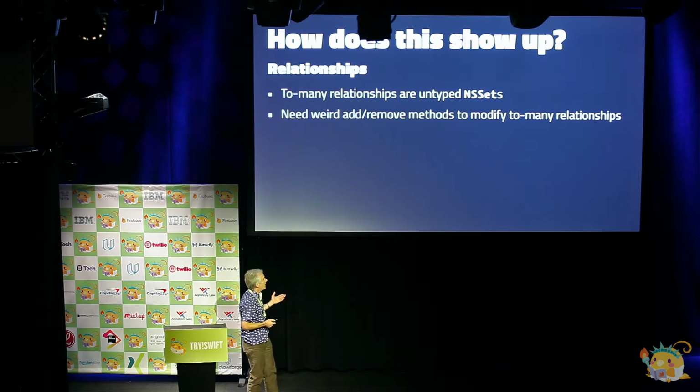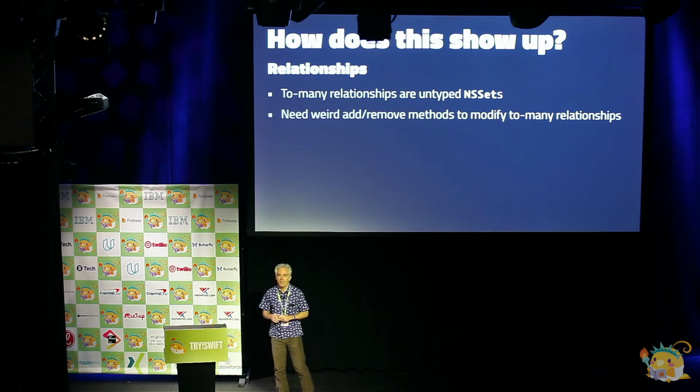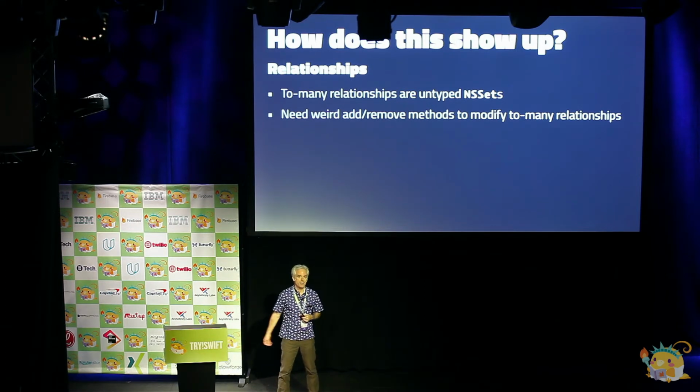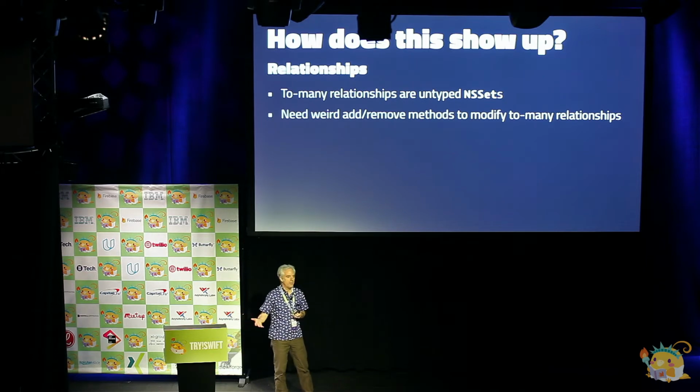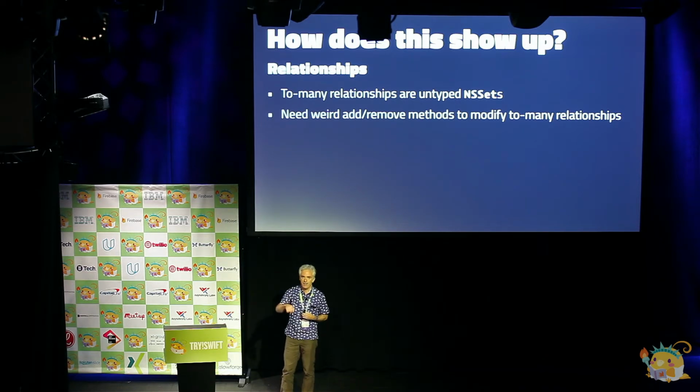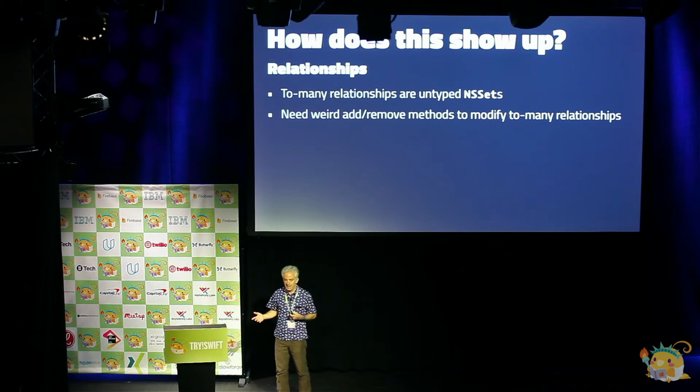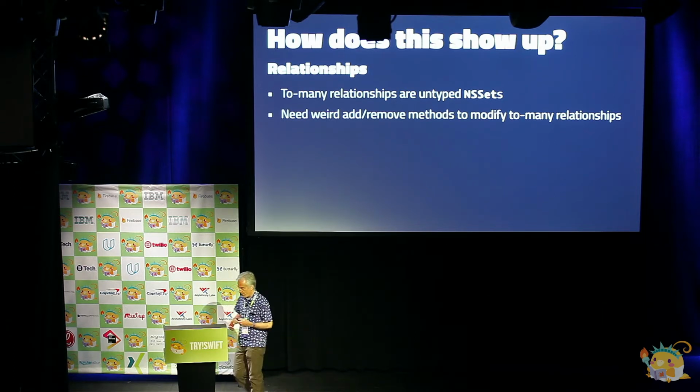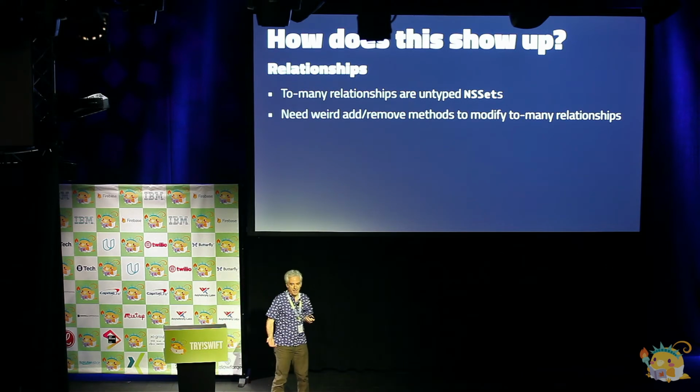And I'm not going to go into detail on the second point, but if you ever mess with to-many relationships in Core Data, there are some really weird methods where you can't just add a new element to this set. You have to get the mutable set value for a key and use that. It's a pain. But some of this sort of makes sense when you're writing Objective-C, and that's why it's still there.